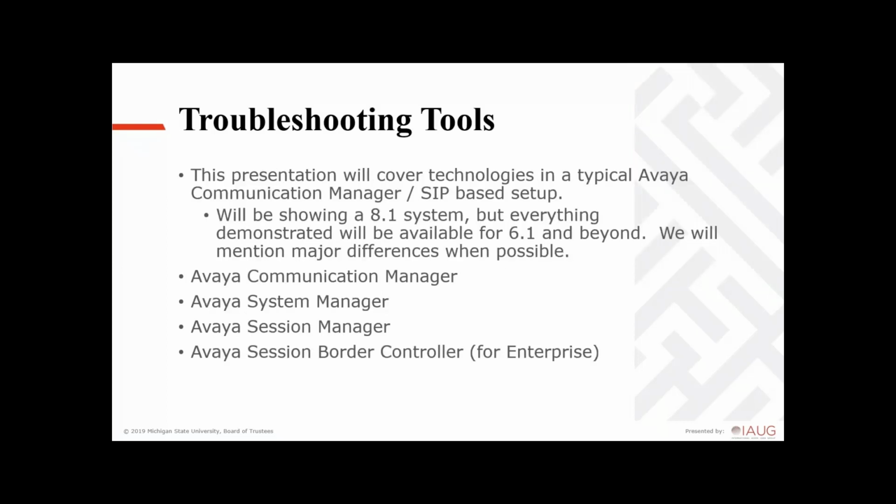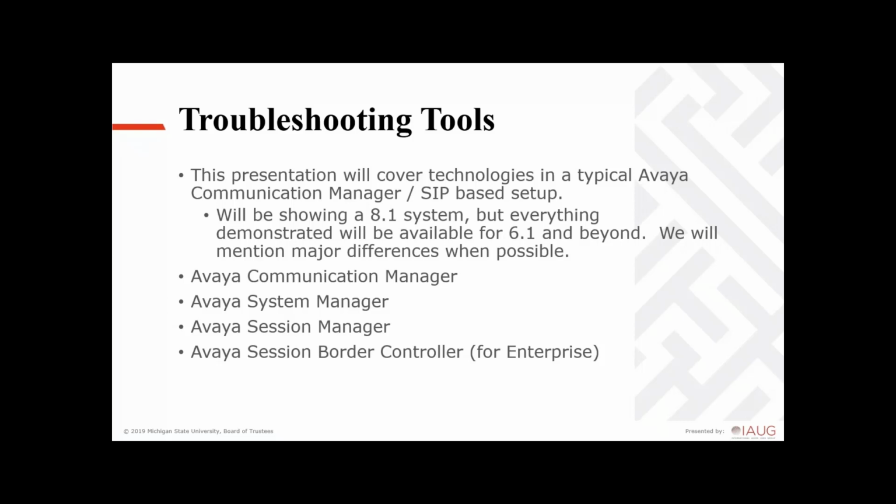So this presentation is going to primarily cover technologies in a typical Avaya Communication Manager / SIP-based environment. I'm going to be showing a Communication Manager or a System Manager 8.1 system. But pretty much everything I'm going to be talking about is going to be available in 6.1 and beyond. Whenever there's anything that's different, I will be mentioning what that's going to look like and how it operates a little bit differently.